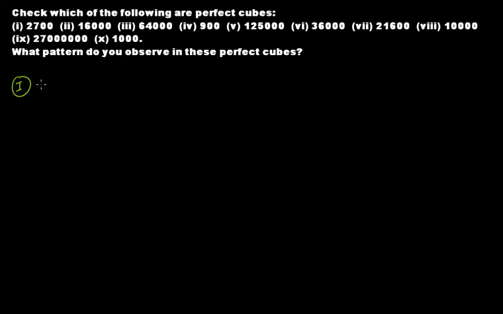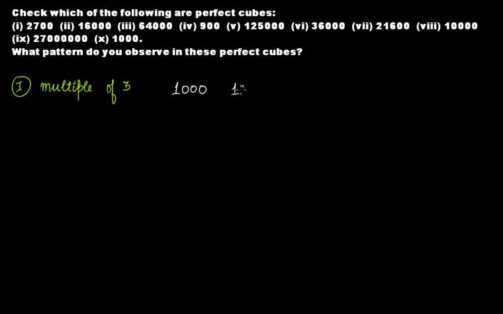If your number ends in zeros, then for that number to be a perfect cube, the number of zeros should be a multiple of 3, right? Like if your number is 1000, then it has 3 zeros, a multiple of 3.